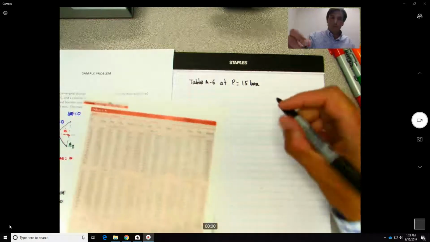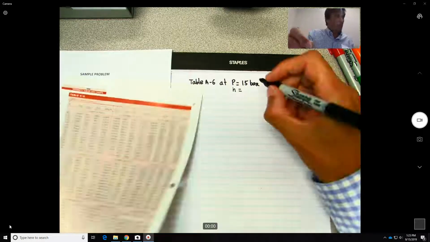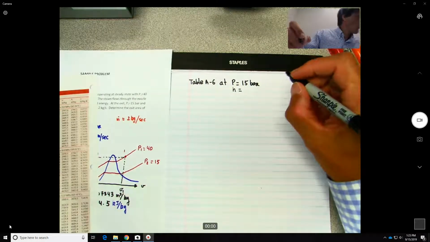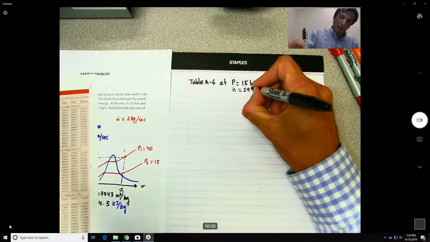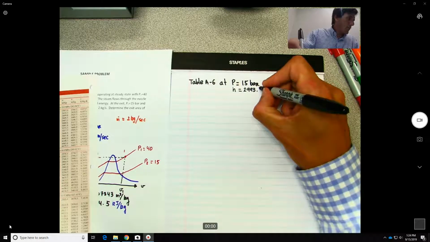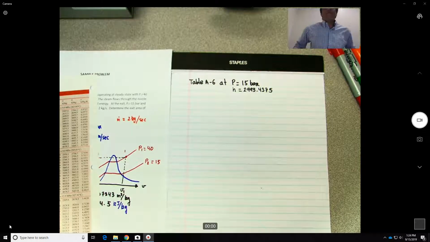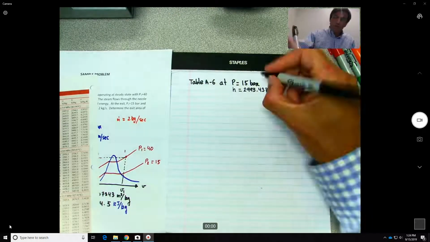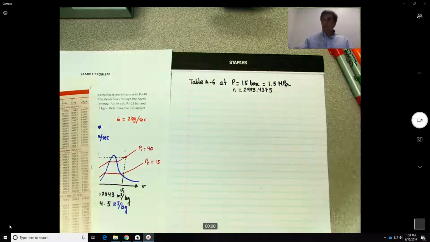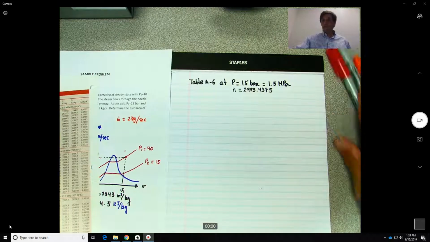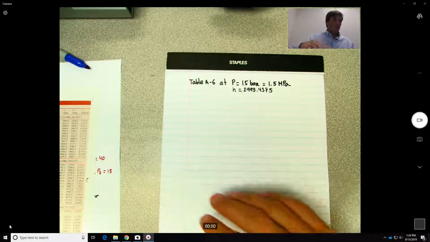So far that's what we know, and we also know that H equal to 2,993.4375. Okay, so 15 bar would be 1.5 megapascals.